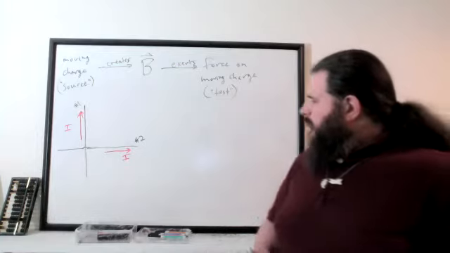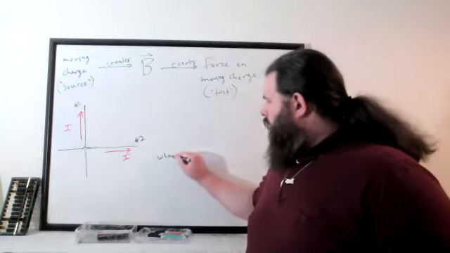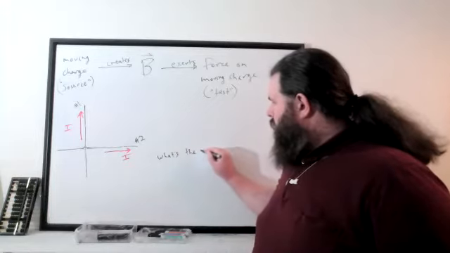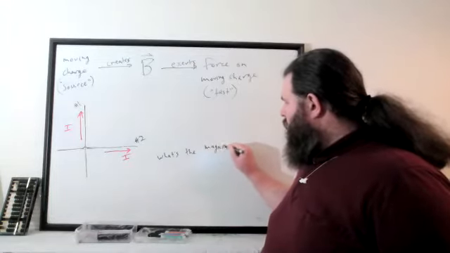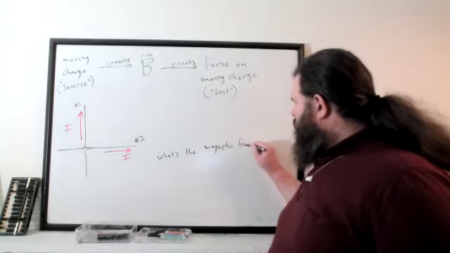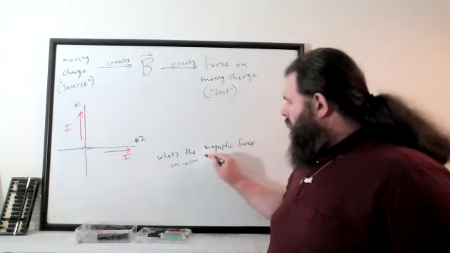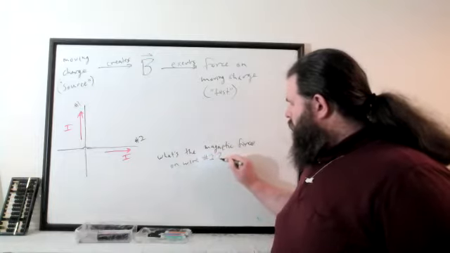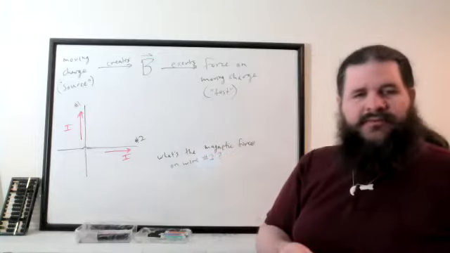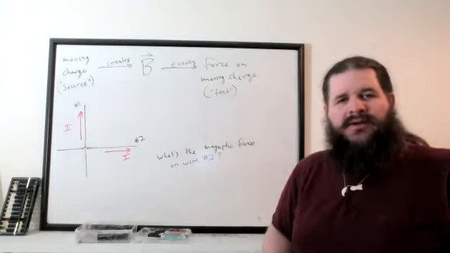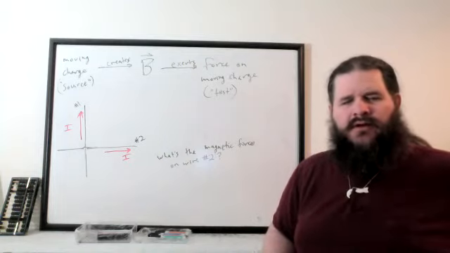For instance, let's say we want to know what's the magnetic force on wire number 2. If we're trying to find the force on wire number 2, are we treating wire number 2 as the test object or the source object?